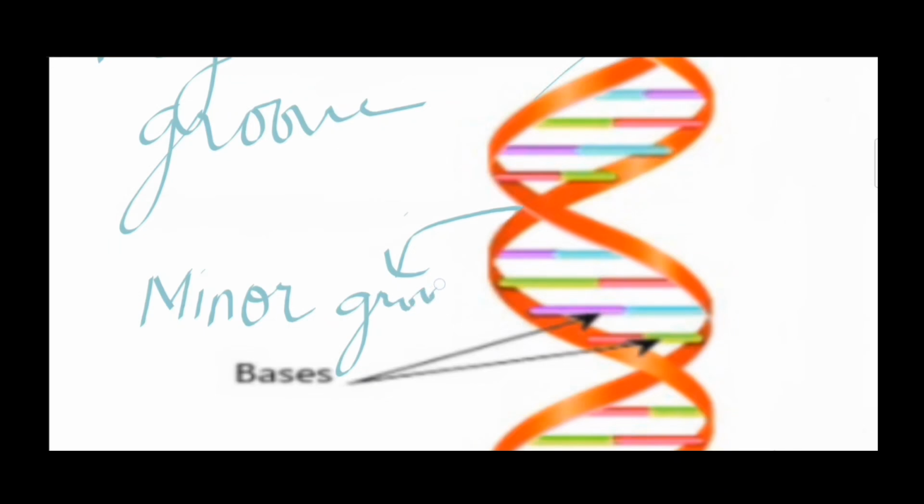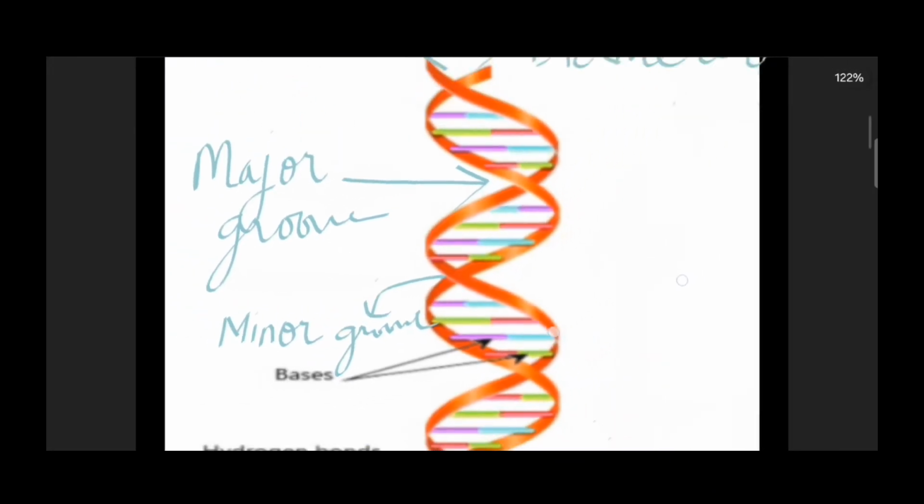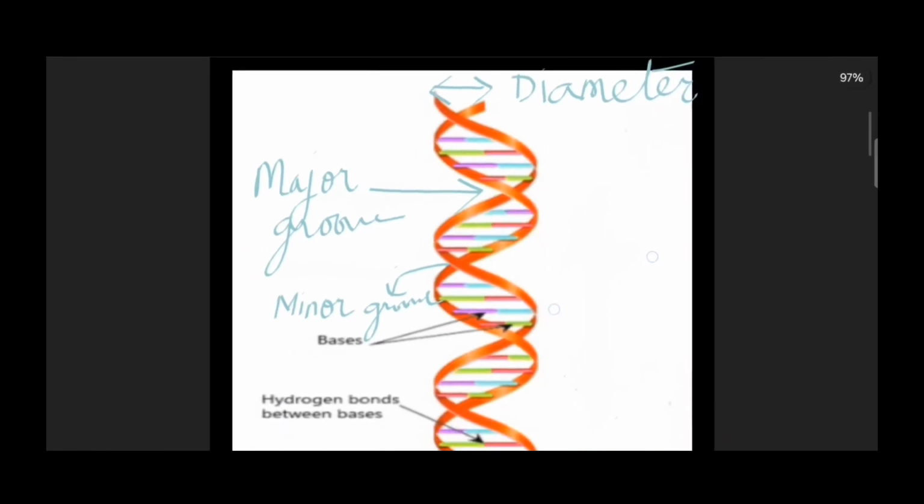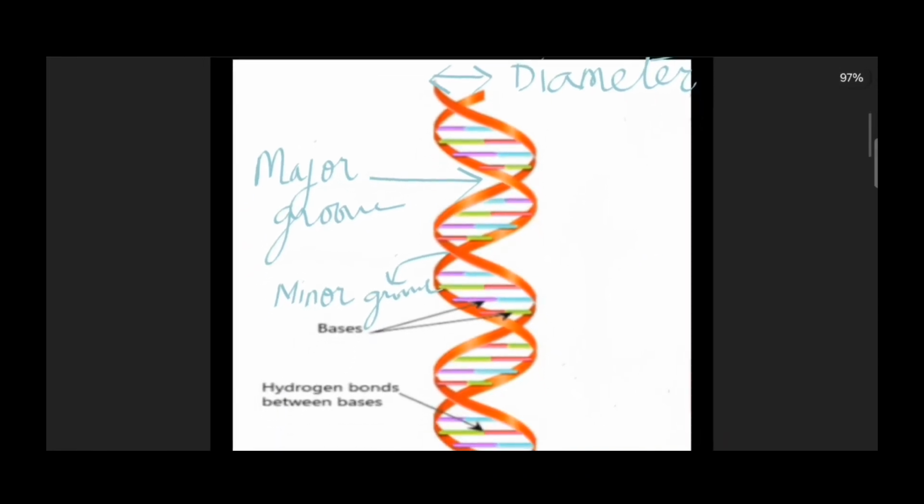Now if I want to see the turn that has been made by this bDNA, then I'm going to consider this major groove to this major groove, because this is also a major groove, right? This is a minor groove, minor groove, minor groove.